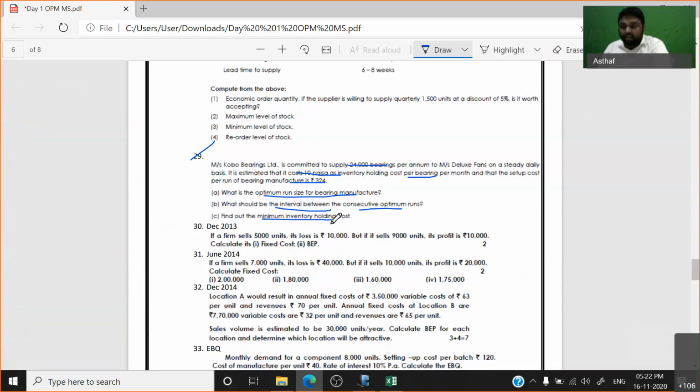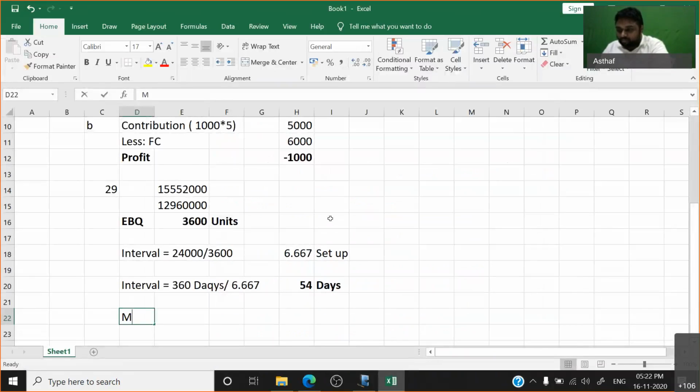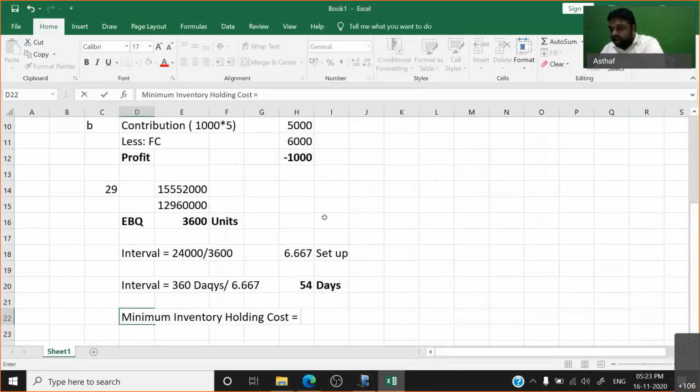Now what is the next? Minimum inventory holding cost. Half of your economic batch quantity into your carrying cost is 1 point. This will be the answer.